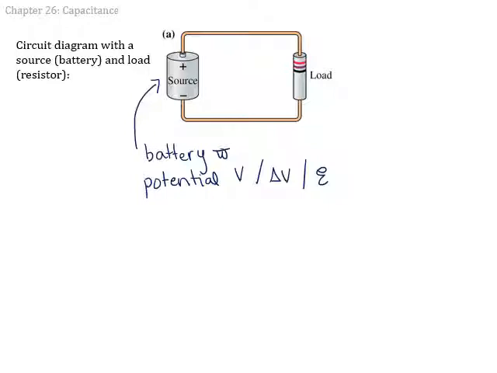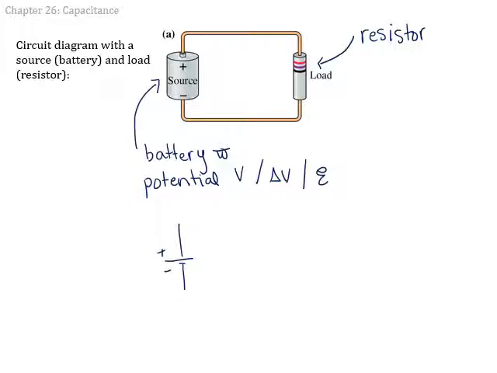The potential gets used up across some sort of a load, and in this circuit diagram, the load is a resistor. So a resistor more or less uses up energy. It emits energy as heat. The energy is dissipated. We would draw this circuit diagram. We replace the battery by a couple of lines, a long line and a short line. The long line indicates the positive end of the battery.